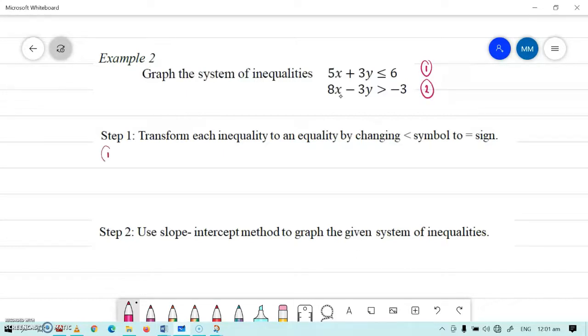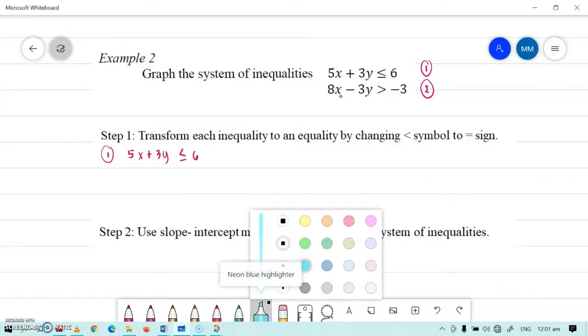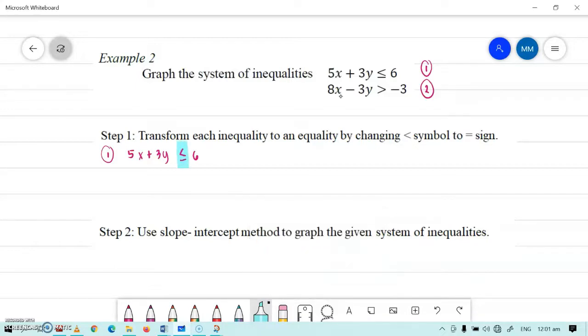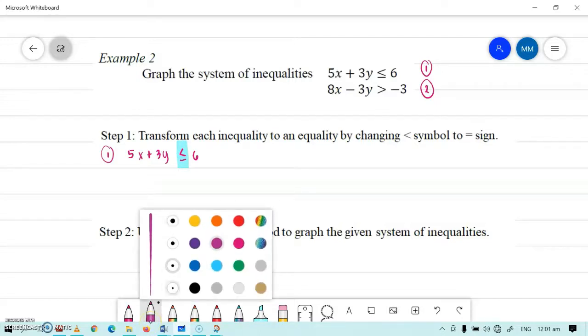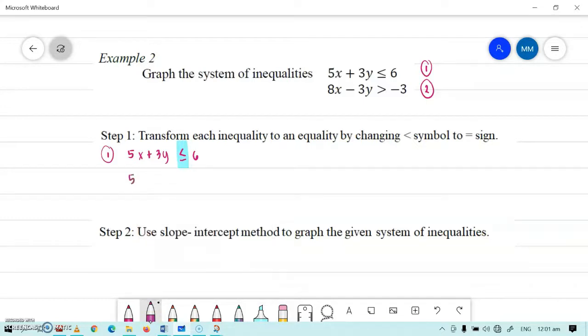For the first inequality, we have 5x plus 3y is less than or equal to 6. Again, all we need to do is change the inequality symbol into an equal sign. So we have now 5x plus 3y is equal to 6.